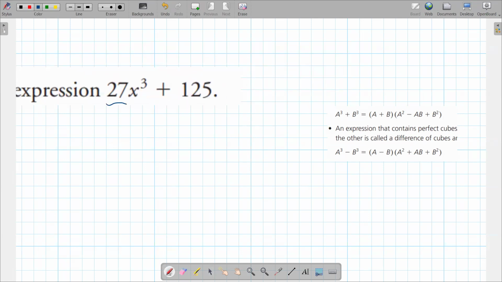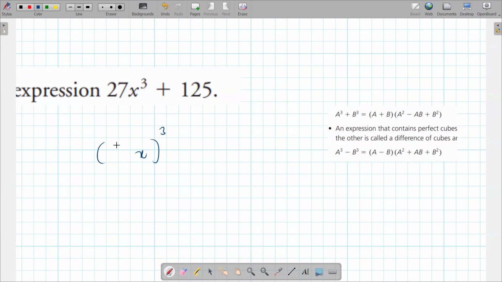Right now we have 27x cubed. I want to write this as something whole cubed. What is it? And it's easier than you think, okay? What you do is you just simply take the cube root of this. Cube root of x cubed, well, that's just an x. What's the cube root of 27? 3.